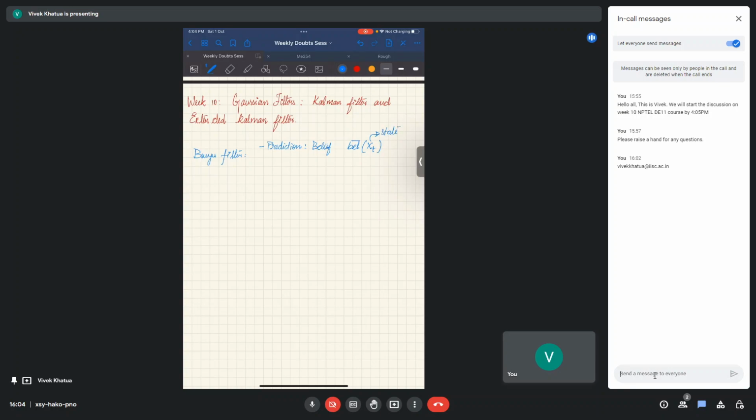I'm going over a recap because what we will be discussing today, the Kalman filter and extended Kalman filter, both depend on what we did last week. This is a prediction, and then we do a measurement update. This measurement update is nothing but our belief. So we predict the belief.